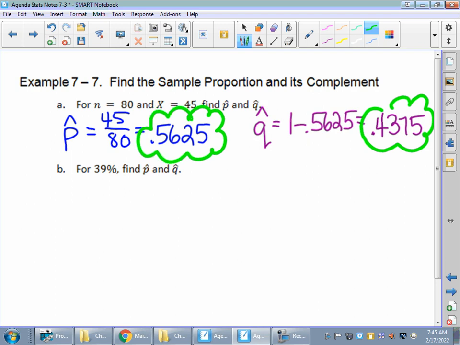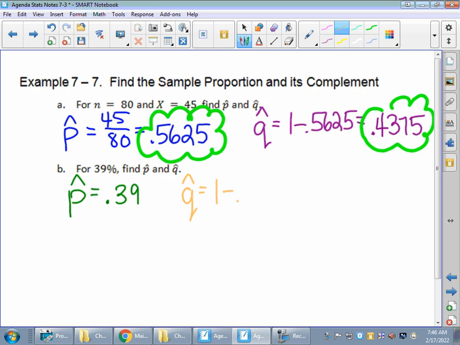I wanted to give you a simple example for part B where the work's already done for you. Somebody already calculated 39%, find p hat and q hat. Well, just like that texting example, p hat is already given. So that's our 39%, 39 over 100, however you want to write that. And then we know that we can do a quick calculation.